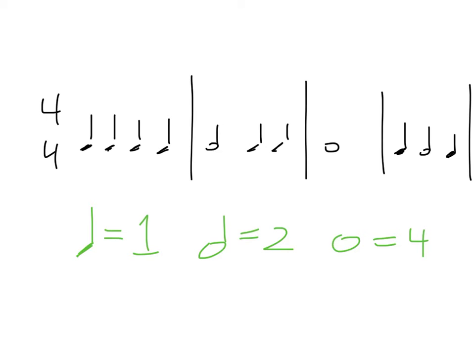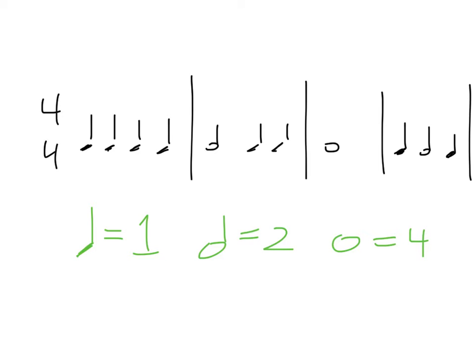But you know what? There's something else we got to talk about, because there's another level of understanding I want you to be able to show me. I don't just want you to be able to show me how the rhythms sound on ta, or by clapping it or whatever. I also want you to tell me exactly what notes lie on what beats of the measure. So here we have 4 quarter notes, right? Ta, ta, ta, ta.